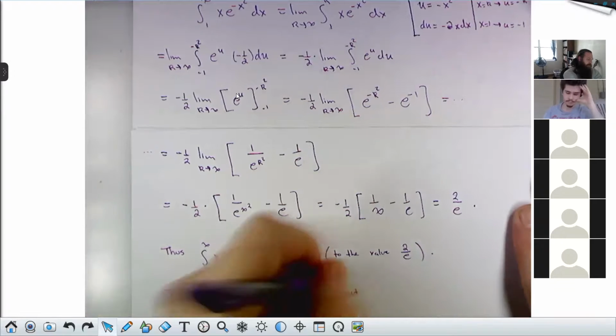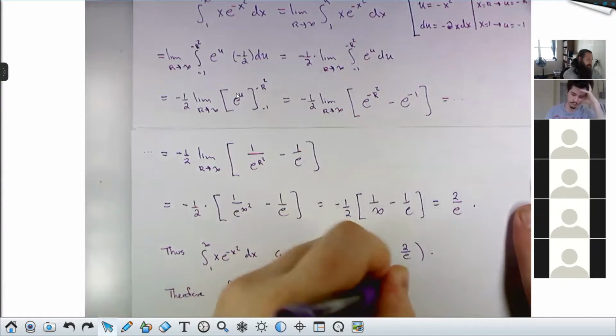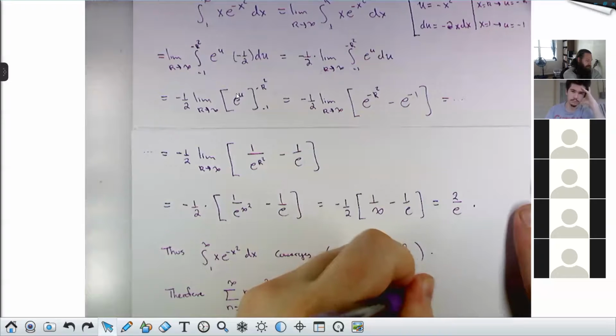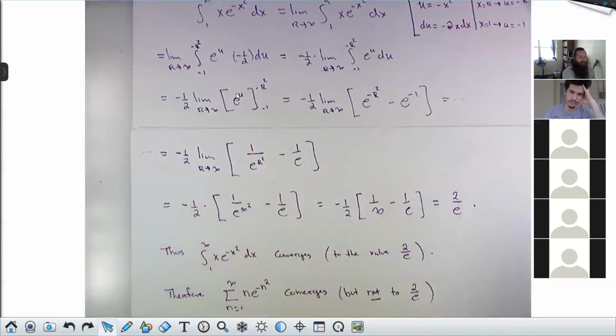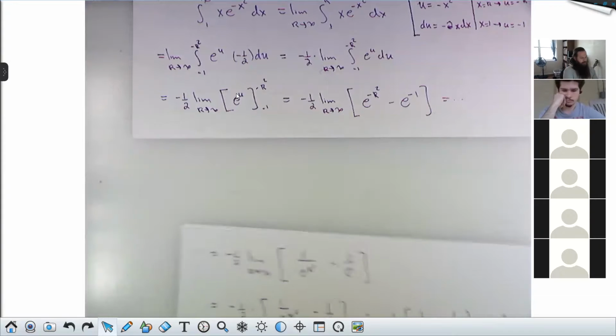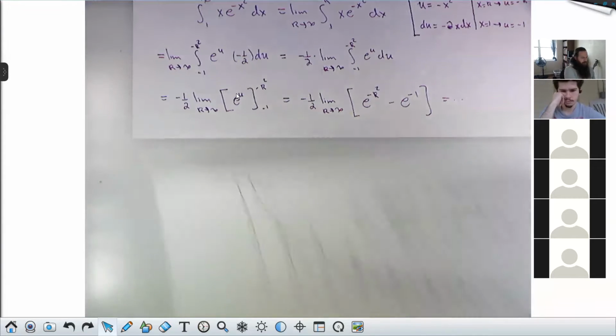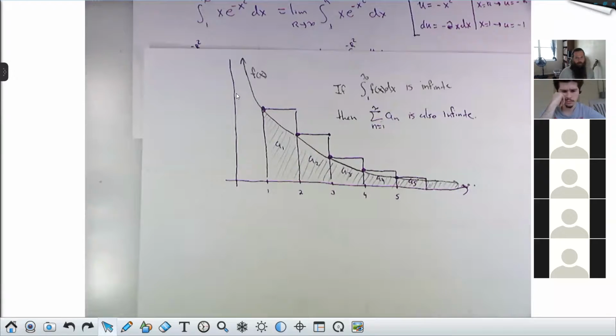But I want to emphasize this. Not necessarily to 2 over e. So I'm really glad you said that. It's a perfectly reasonable thing to think. But look here. Is the area under the curve the same as the area under the rectangles?